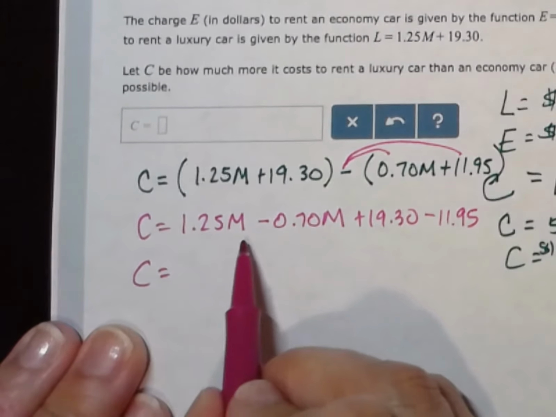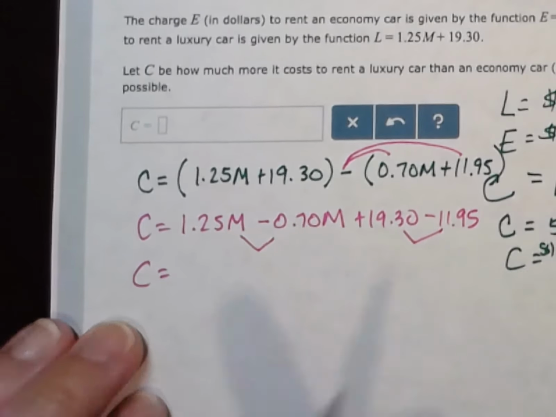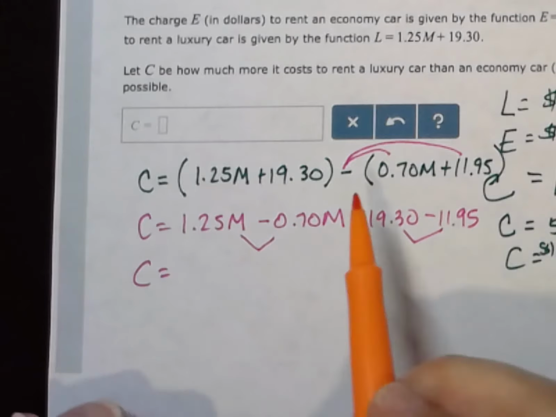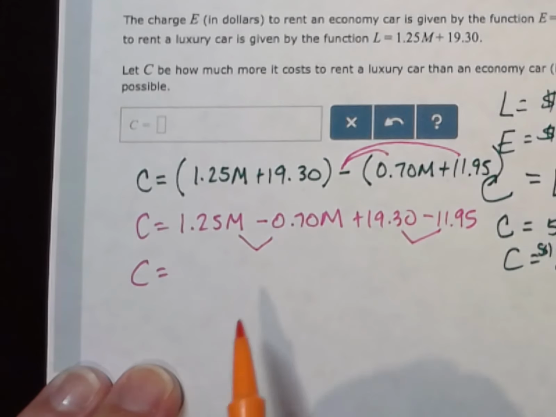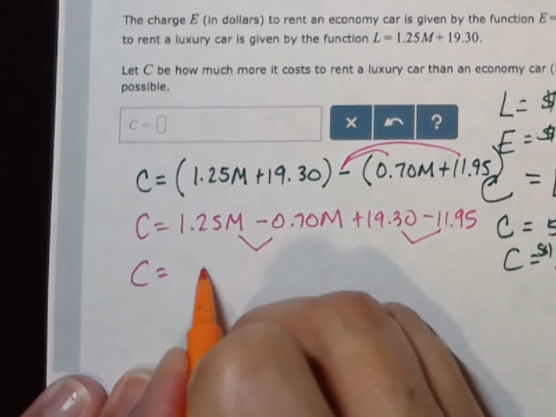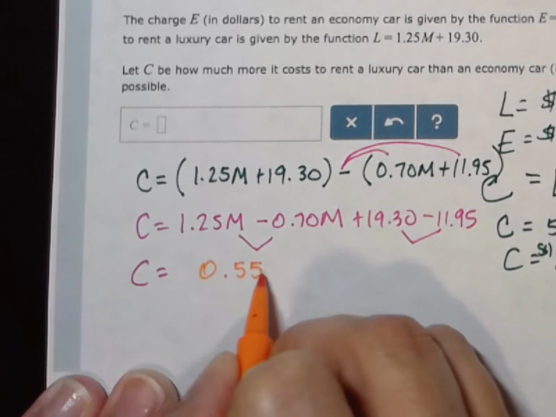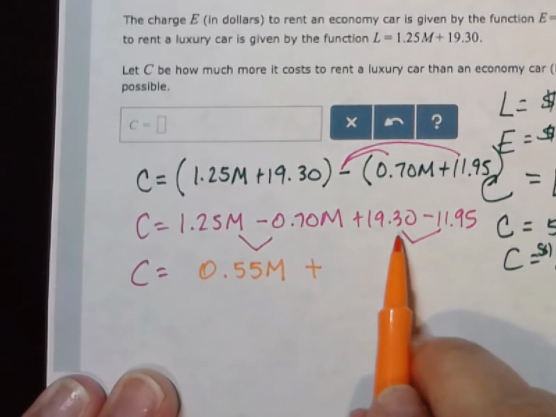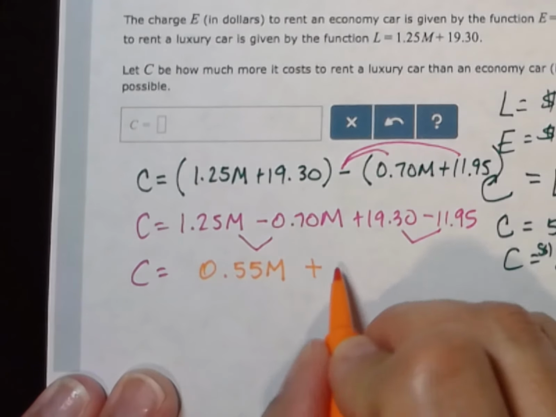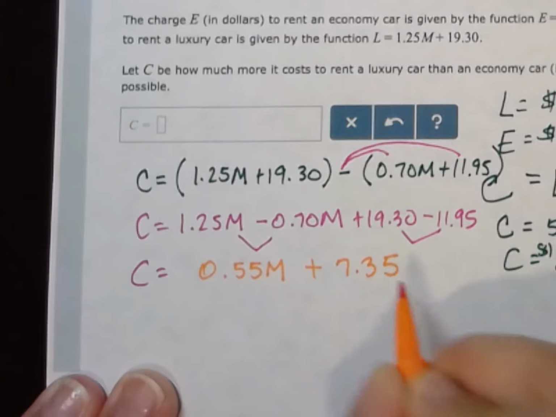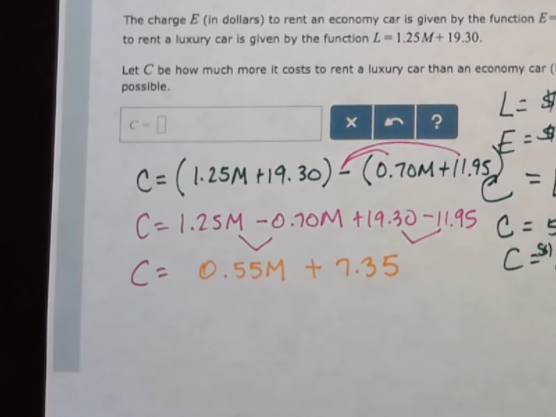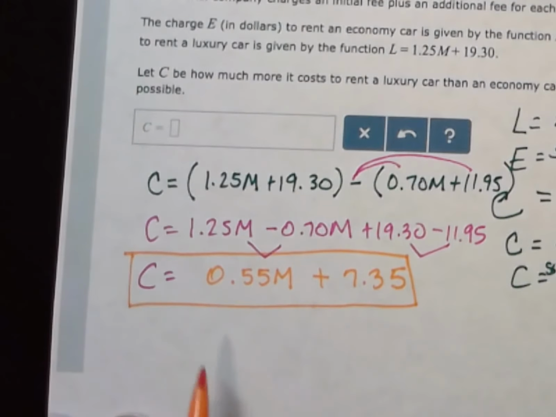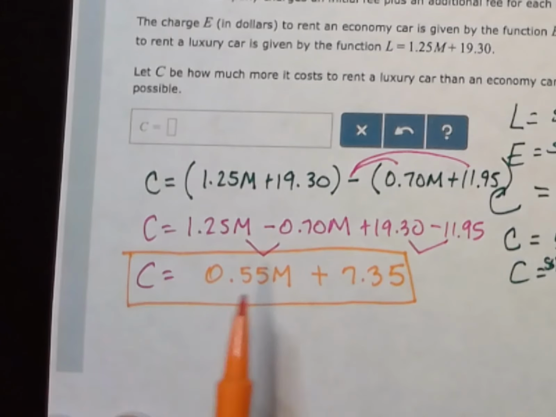Now I go ahead and combine those like terms. 1.25 minus 0.70, if I subtract those, I get 0.55M. Then plus, I subtract 1930 minus 1195, and that will give me 735. So now I have that final function in simplified form relating the cost to the miles.